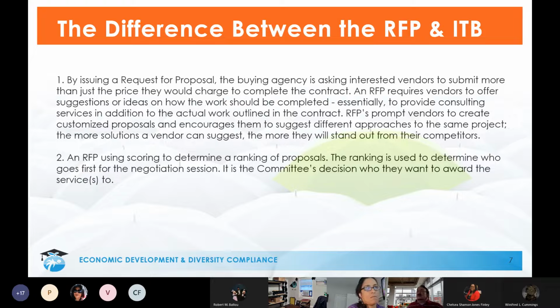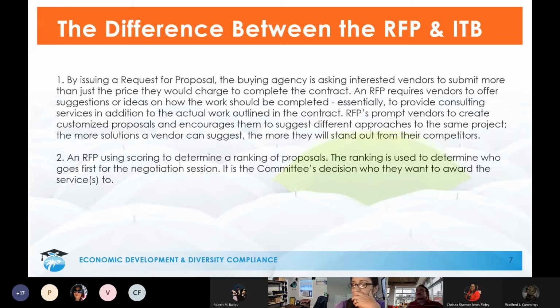The committee will take that into consideration when the evaluation comes through. So essentially, you are providing consulting services in addition to the actual work outlined in the contract. RFPs prompt vendors to create customized proposals and encourage them to suggest different approaches to the same project. The more solutions a vendor can suggest, the more they will stand out from their competitors.